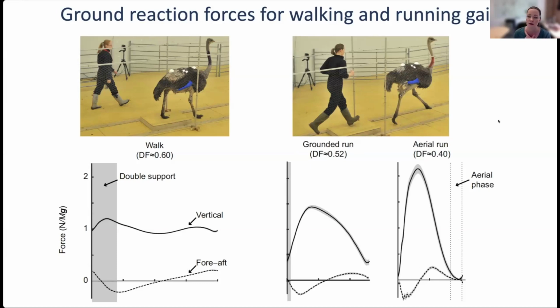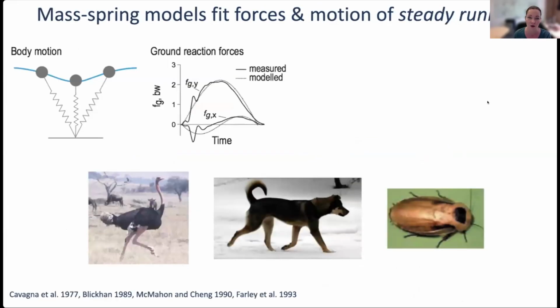And so based on the empirical observations of the mechanical energy fluctuations and the force patterns, simple physical models for gait have been developed. And so the classic model that's been used to characterize running gaits or bouncing motions is the mass spring model, okay?